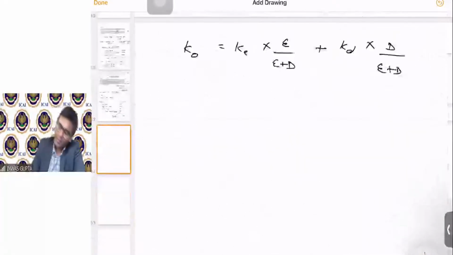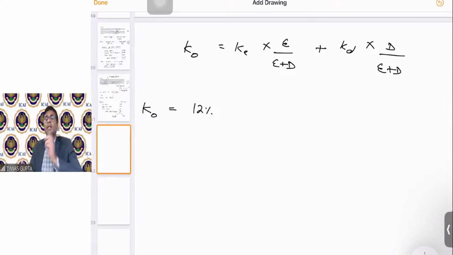So simply overall cost of capital will become: cost of equity was how much? 12%. Because it was mentioned in the question that market return is 12% and the equity return is as good as the market return of the company.